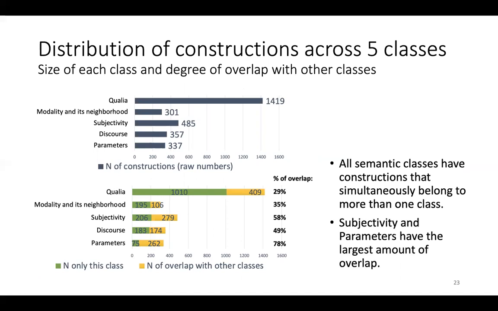First, overlap with other classes is attested in each class. Secondly, in subjectivity, and especially in parameters, the amount of overlapping constructions is very large. In parameters, the majority of constructions are overlapping. And this supports the idea that parameters express semantics that is often built over another meaning.